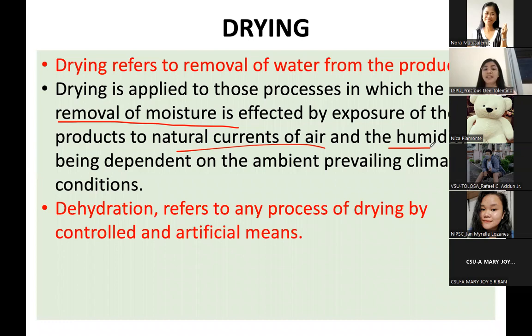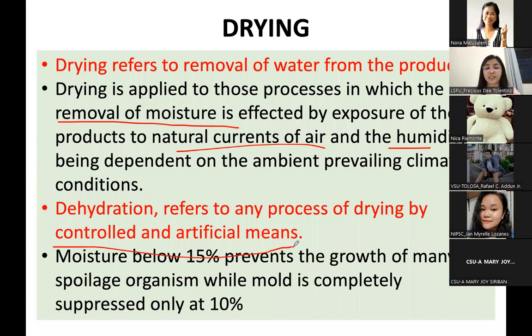And ito naman si dehydration, okay? Ito yung kanyang difference. Dehydration is also removal of water from the product, but gamit dito is controlled and artificial means. Ibig sabihin, maybe you are putting it inside a machine, for example, mga dehydrator. But for drying, usually yung natural forces in the environment, the sun, the air, the humidity.